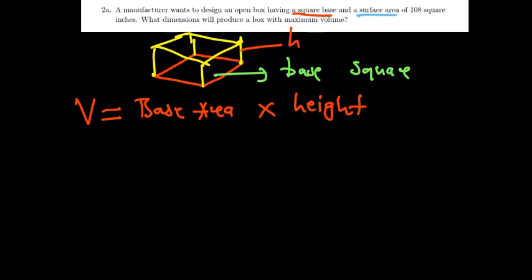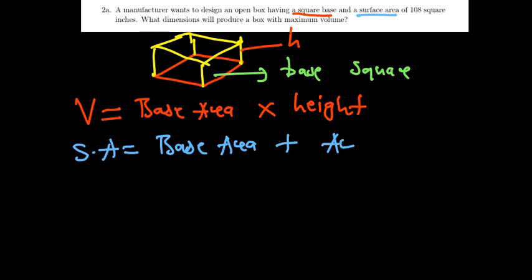surface area. Now what's the surface area of a box? The surface area is going to be the base area plus the area of the sides. How many sides are there? Can we count them? So there's that side there, 1.